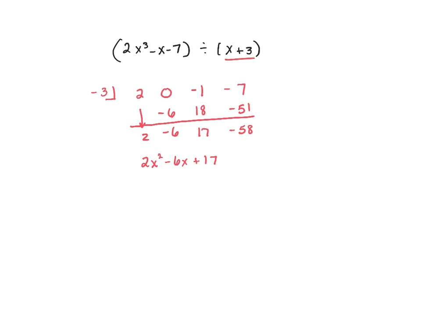My remainder is -58, but we'll just write that as a plus -58 over my divisor, x plus 3. And we have just completed a pretty tough division had we done it with long division.